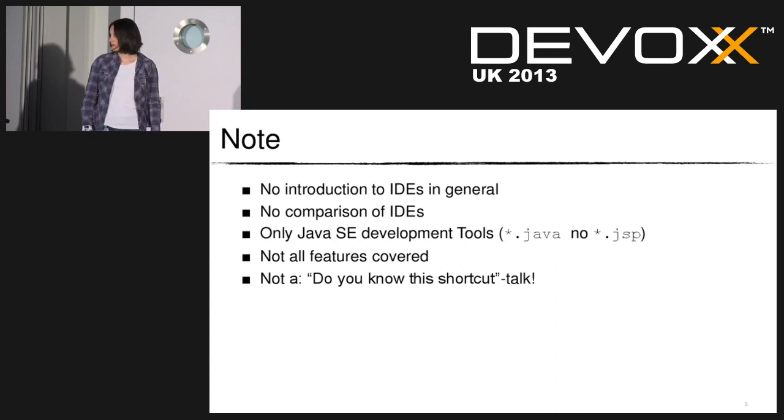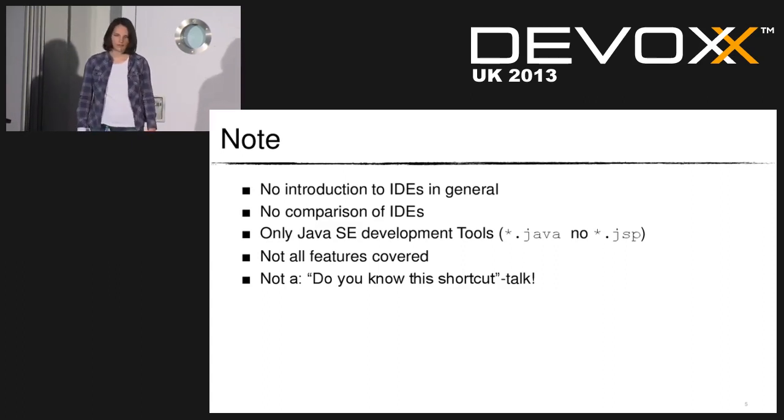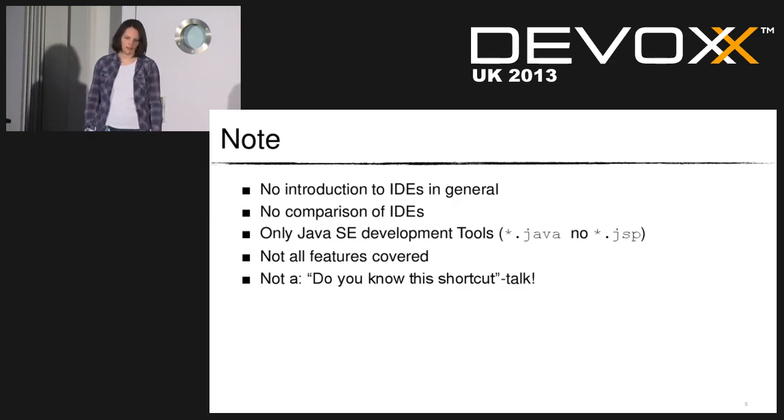And this will not be an introduction to IDEs in general. I'm just going to show some of the features which make your work life easier. This won't be a comparison of the three IDEs. Just talking about some of the stuff which is in there, and I can't really cover all the features, so this will be just about the Java standard edition development tools, certainly Java and no JSP or other stuff.